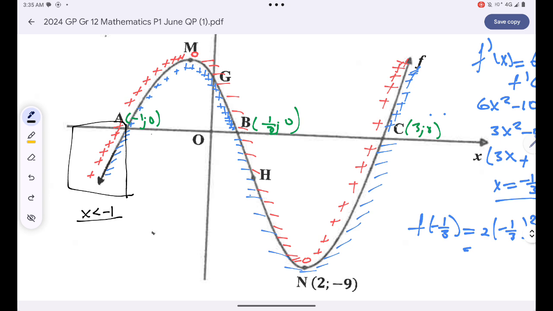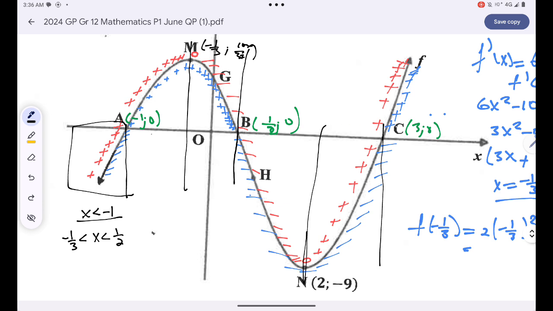And also whenever x is between the turning point and this x-intercept, the statement is true. So when x is between negative 1 over 3 and 1 over 2, the statement is true. Remember that the x value at M is negative 1 over 3. Another region where the statement is true is when x is between 2 and 3.